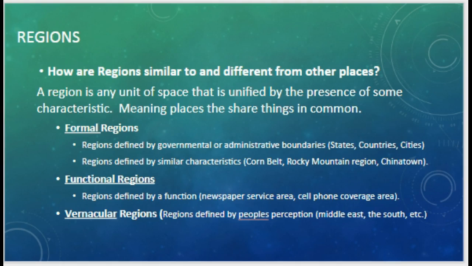Formal regions: regions defined by similar government or administrative boundaries, like states, counties, and cities, or regions defined by smaller characteristics, like the Corn Belt, Rocky Mountain region, Chinatown, etc. And functional regions, where a region is defined by function, like a newspaper or service area, cell phone tower coverage, etc. Vernacular regions are regions defined by people's perception, like the Middle East, the South, etc.